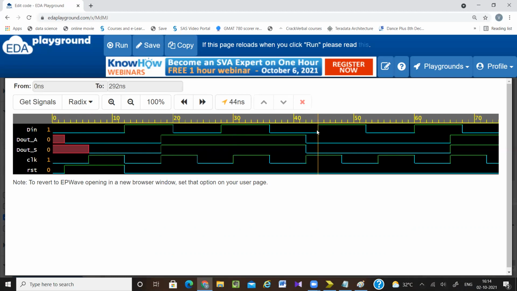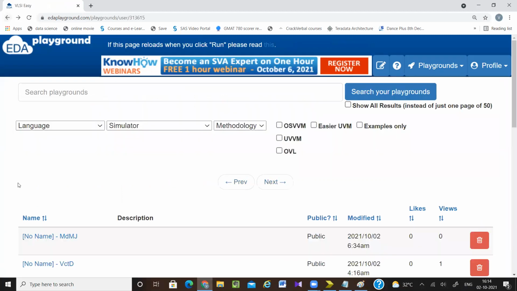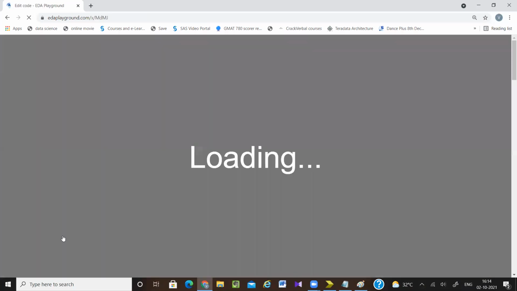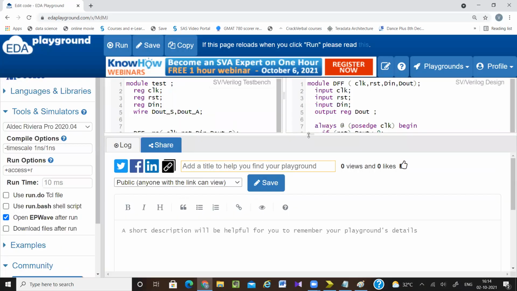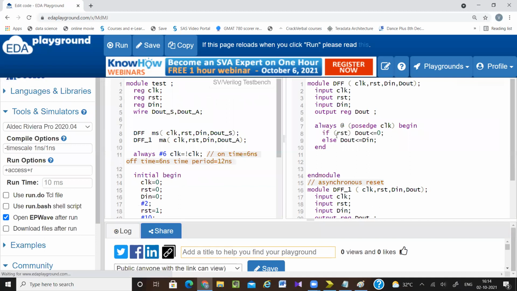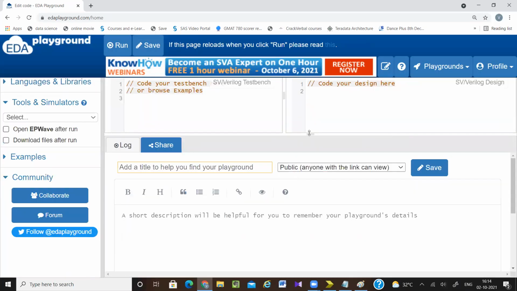Always at the passage of clock, whatever your input signal is, your output signal will be the same. So this is all about your D flip-flop. In a similar manner, you can write for T flip-flop and JK. I'm not explaining the test bench, but how to write the code I can explain to you.